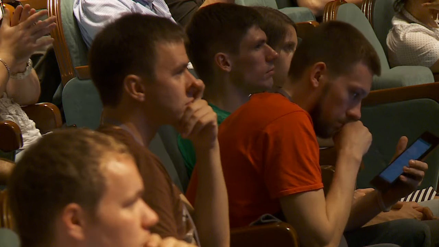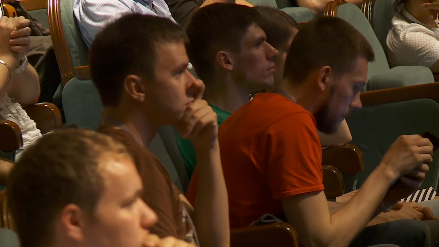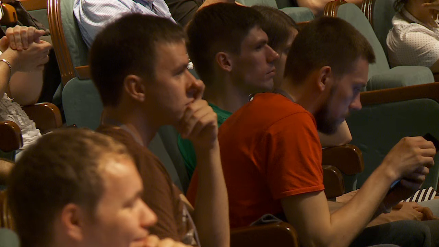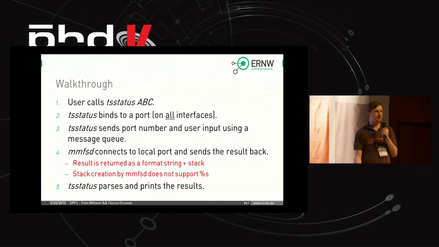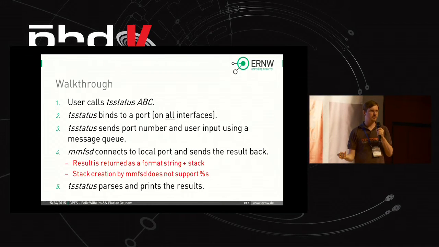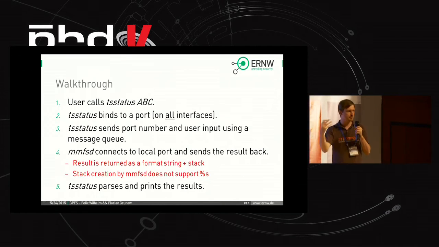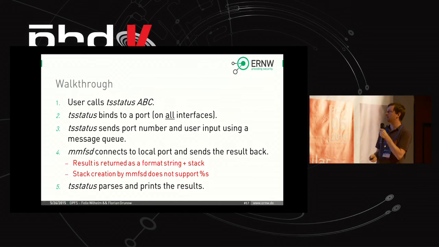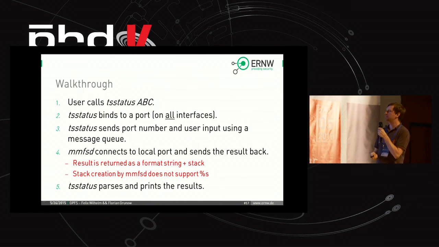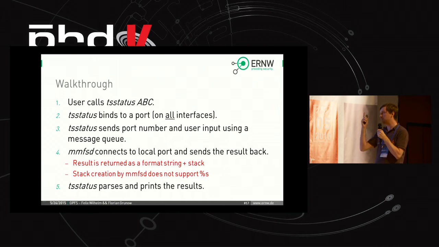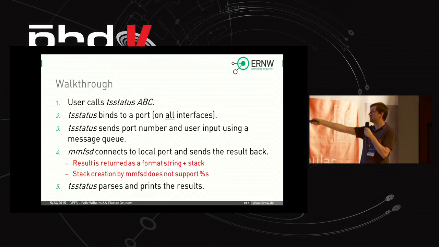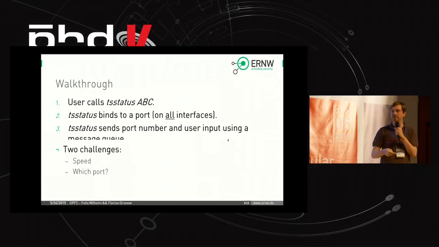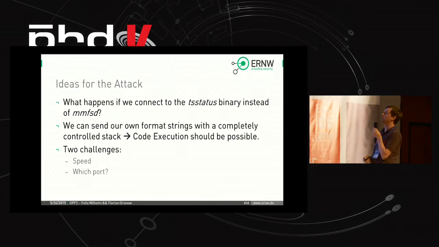And because this stack creation does not support %s, this is what actually crashed the MMFSD, because they did not implement the %s identifier, and that's why it simply crashes. Okay, so this was the reason why MMFSD is crashing. But keep in mind, what is happening right here is the MMFSD is sending a format string and the corresponding stack over the network.